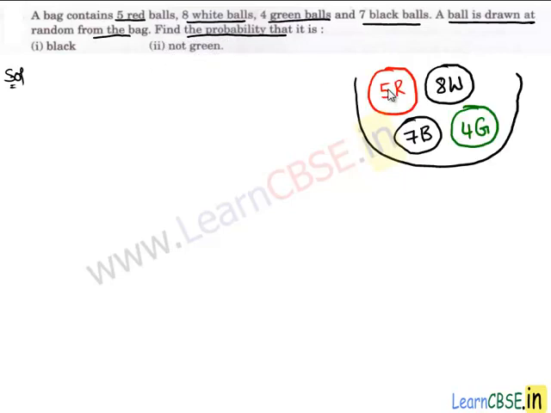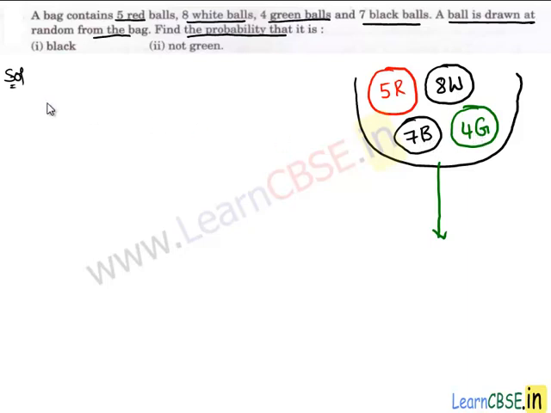According to the question, we have 5 red balls, 8 white balls, 7 black balls and 4 green balls in a bag. An experiment is performed, which is a ball drawn from the bag. The ball drawn may be either a red ball, white ball, black ball or green ball.